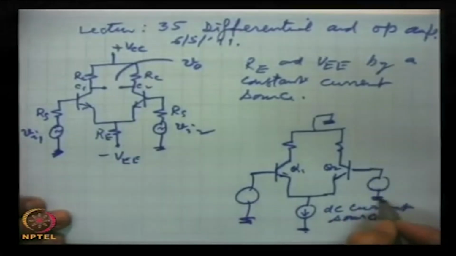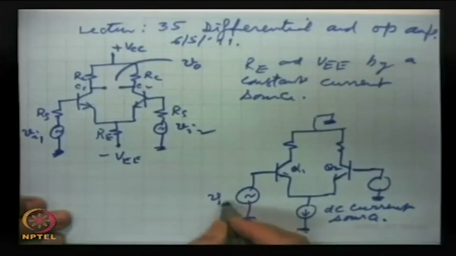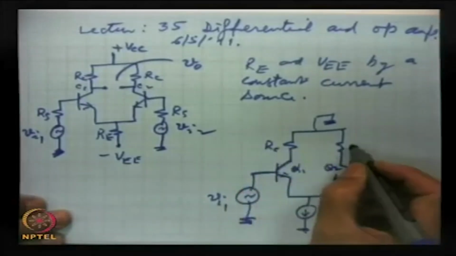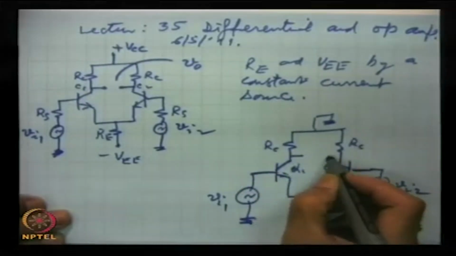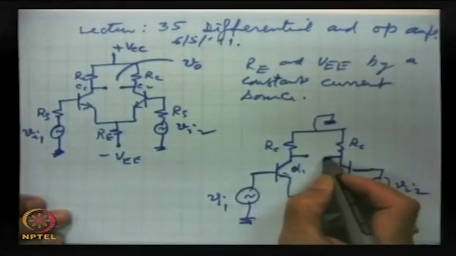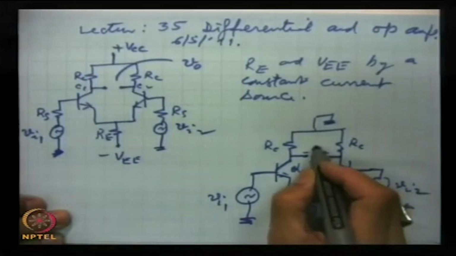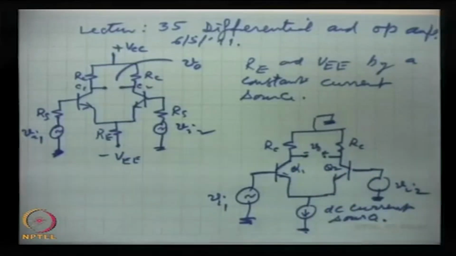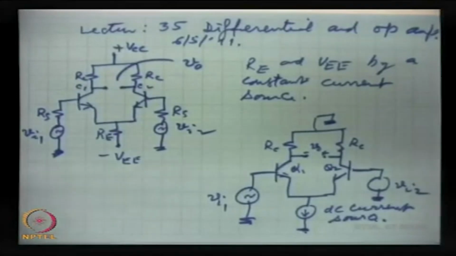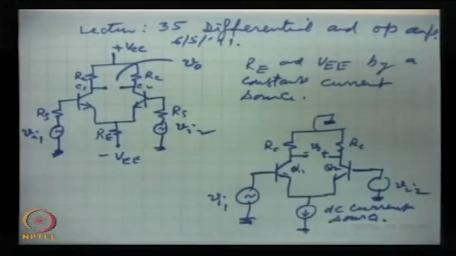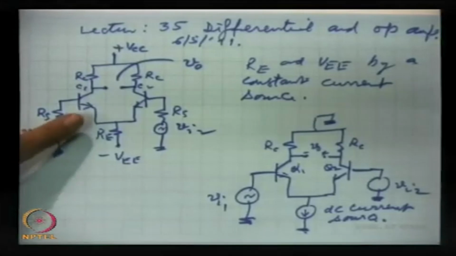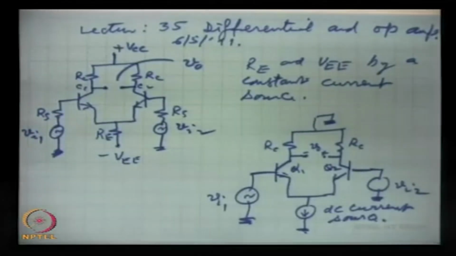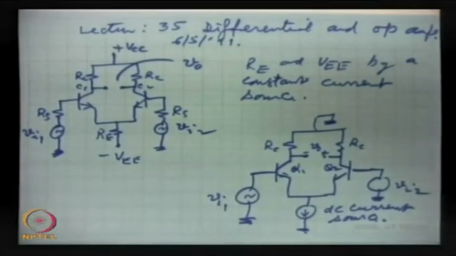Here this is VI1, this is VI2, RC, RC, and the output we take from the two collectors, plus minus, this is V0. So this is the equivalent circuit from the basic differential amplifier circuit, which we are going to use for AC analysis.